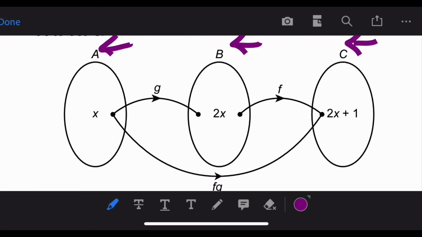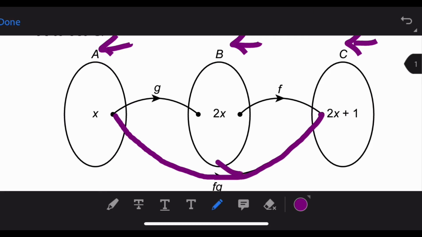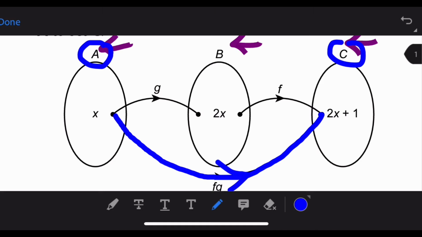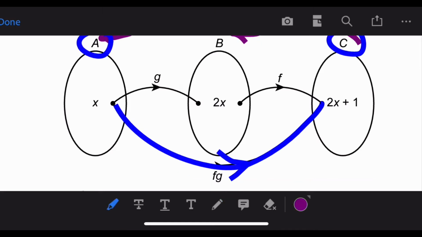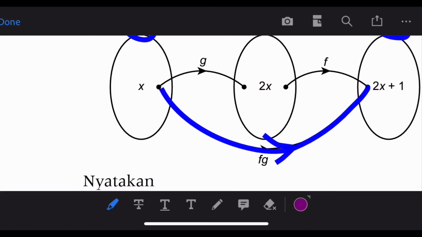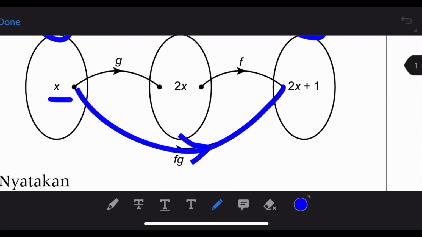Okay, so let's see the function that maps A directly to C. We just follow the arrow. This is the function that maps the set A to set C, right? So that means A is the object and then C is the image. So this is actually the FGX, right? So we can see that the object is X and then the image is 2X plus 1.